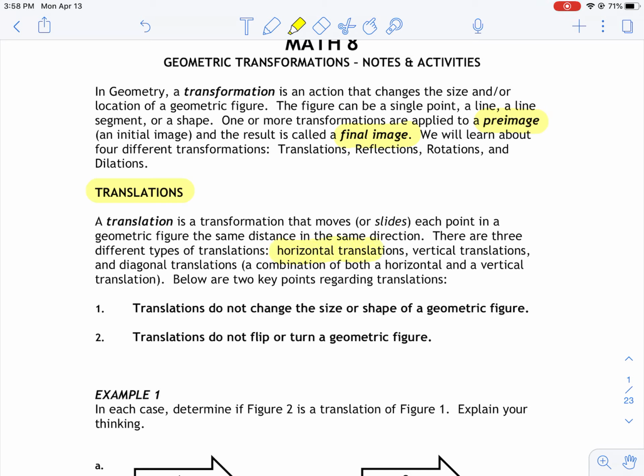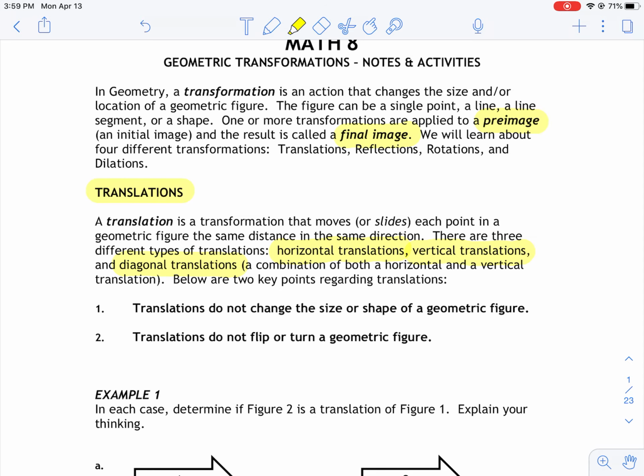Ones that move across or horizontal, and then we also have some that are vertical, and then we also have some that are a combination of both of those, which are diagonal. So translations are usually one of the easiest transformations to talk about because it's very easy to identify their movement and get an idea of where the final image is in relevance to the pre-image.